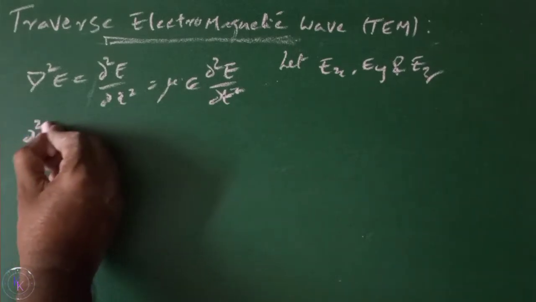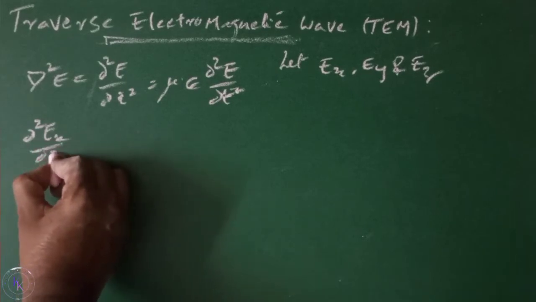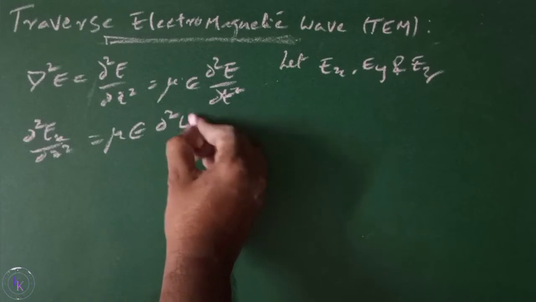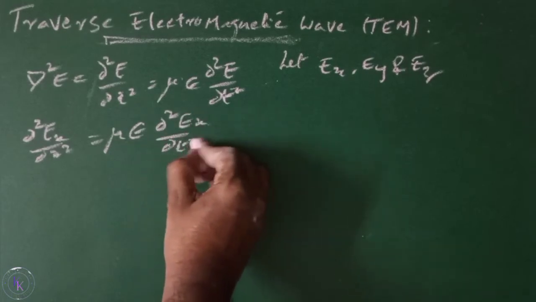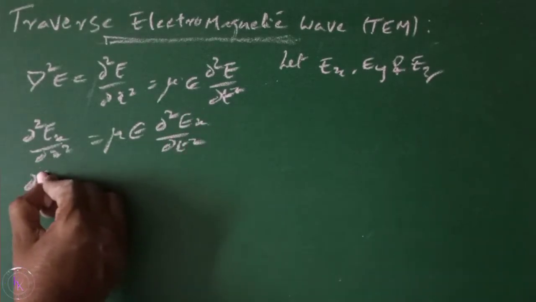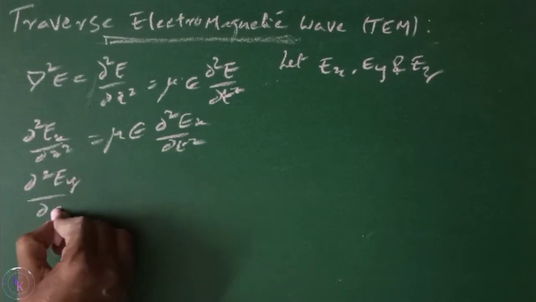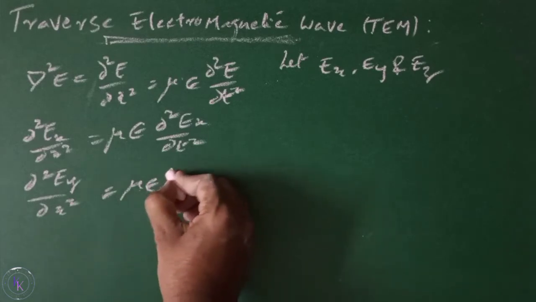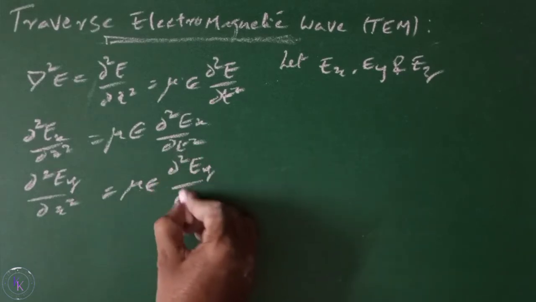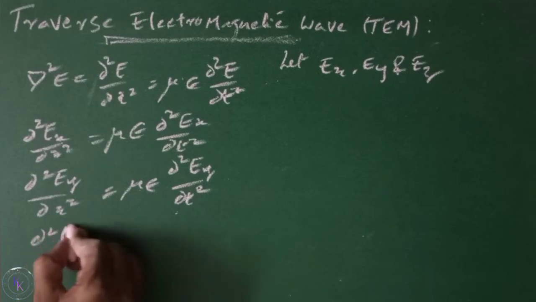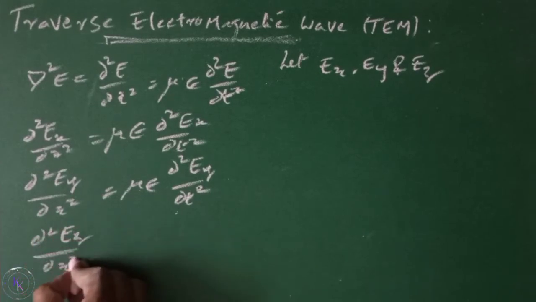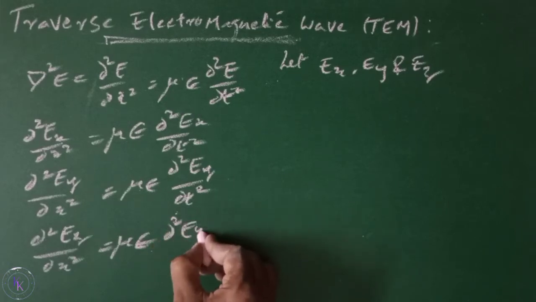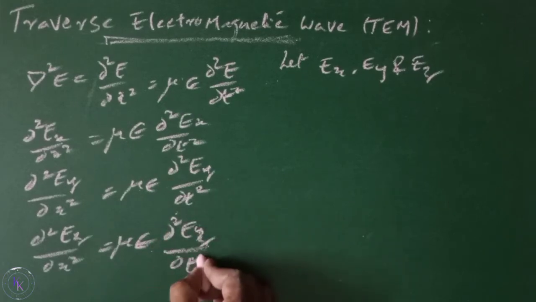Then ∂²Ex/∂x² equals mu epsilon ∂²Ex/∂t². Similarly, ∂²Ey/∂x² equals mu epsilon ∂²Ey/∂t² and ∂²Ez/∂x² equals mu epsilon ∂²Ez/∂t².